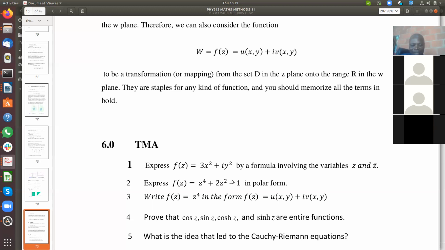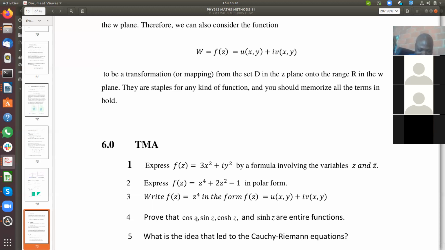Okay, sir. Would we also discuss entire functions? So these ones, they are just conversion of complex number into trigonometric function. They are straightforward. This one now, let me tell you this.